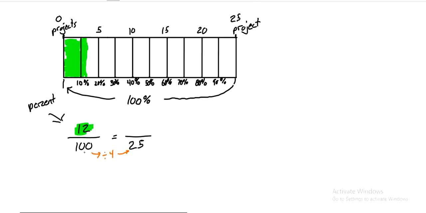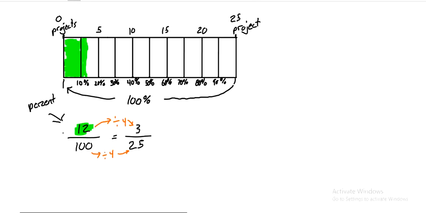So therefore, using our fact families, 100 divided by 4 equals 25. Now, since this equal sign is here, I have to do the same thing for the top. I'm sorry, I flipped that around. The bottom was divided by 4, so the top must also be divided by 4. So that tells me that here this is 3, because 12 divided by 4 is 3.